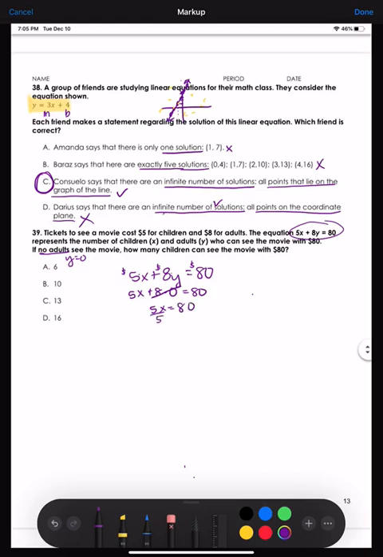When I divide both sides by 5, I get x equals, and I should get, I think, 16. Yes, x equals 16. So that is the number of children who can go see this movie unattended. 16. Okay.